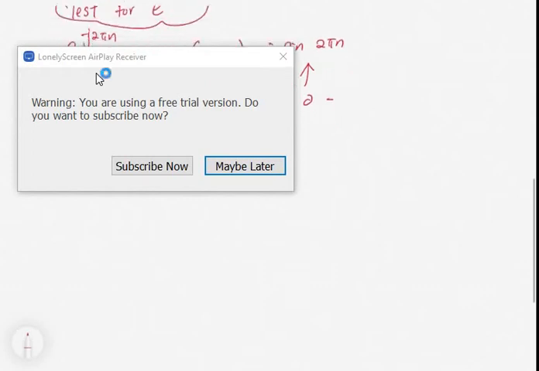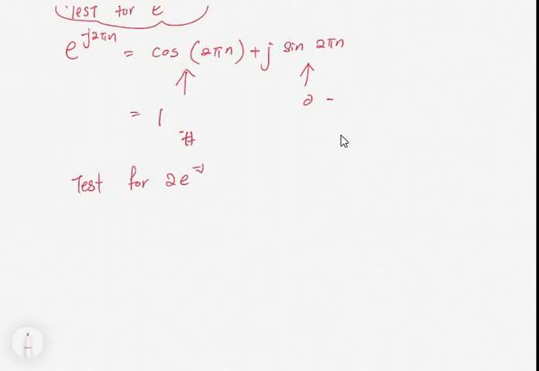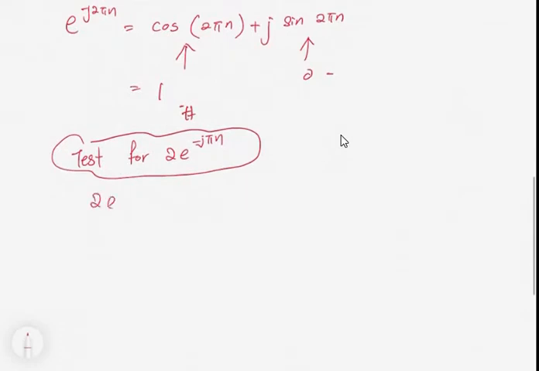Okay, and then you test again for 2 e to the minus j pi n. So you get 2 cos pi n. The exponent you can change to the cos plus sign.